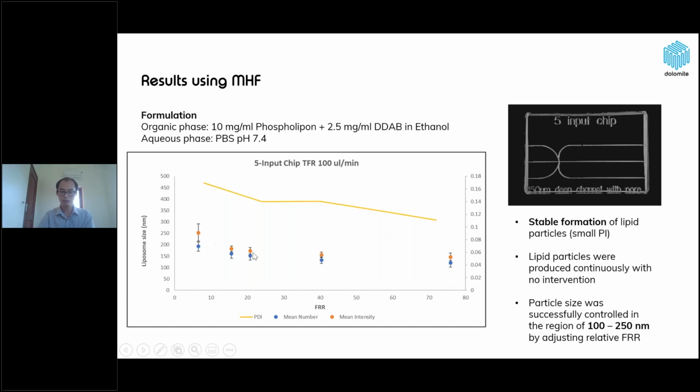As you can see, when we increase the flow rate ratio, we achieve a smaller size of liposome or lipid nanoparticles. We also achieve very small PDI values, lower than 0.2.